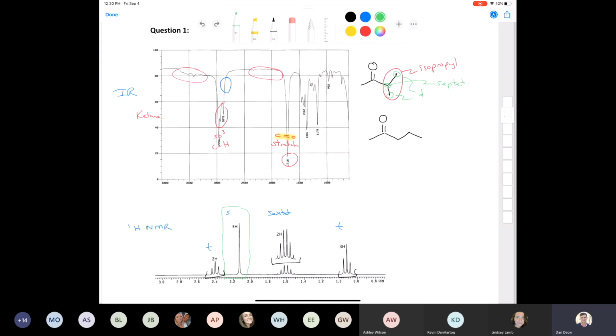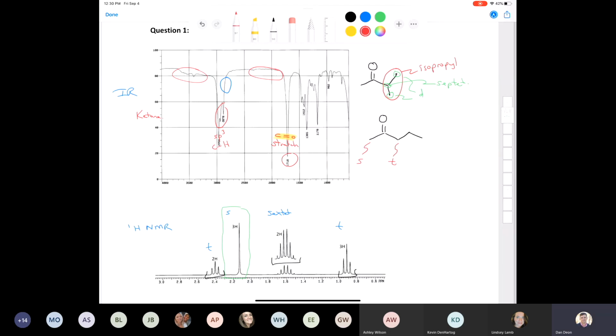Now let's analyze the 3 carbons that are shown here. What kind of splitting would we see for those protons? Well, again, if we look at the methyl group here, this would be a singlet because it is coupled to no protons. This methylene here is coupled next to these 2 protons. So if I take my n plus 1 rule, 2 plus 1 gives me 3, and so this methylene must give me a triplet.